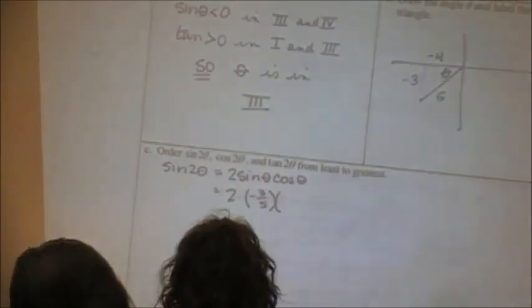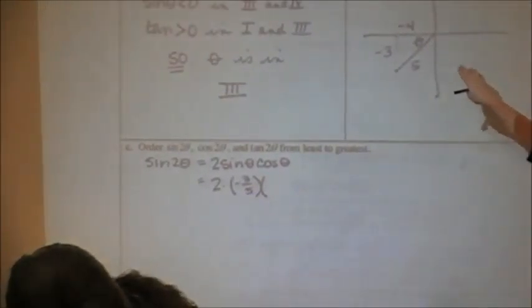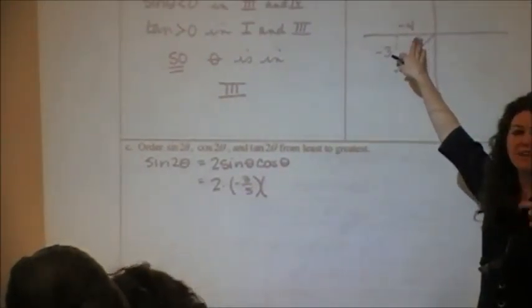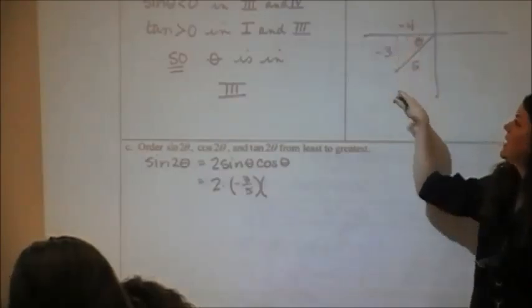So that's going to be 2 times sine theta, which they told us was negative 3/5. Cosine theta, I'm going to go to my triangle and get it off. So it's adjacent over hypotenuse, so it's negative 4/5.